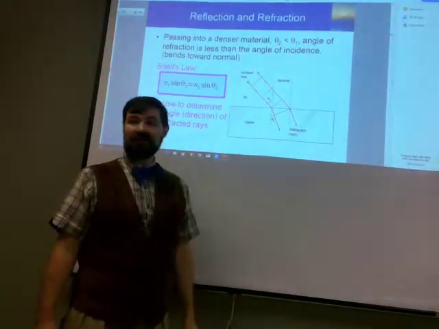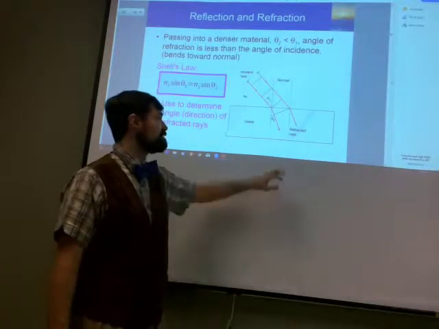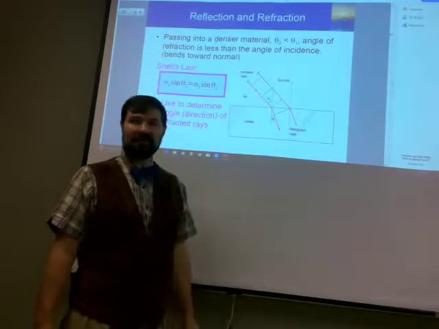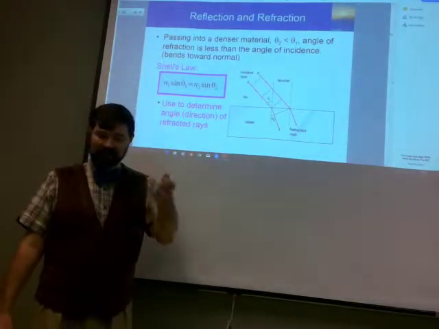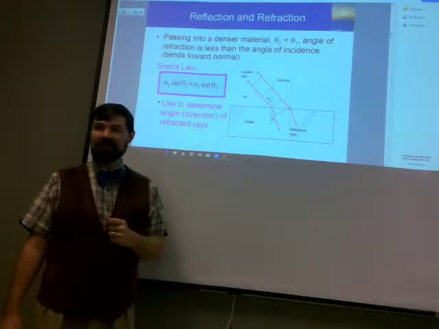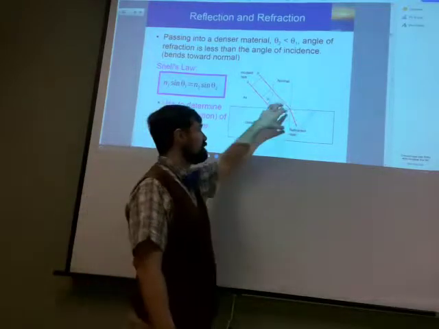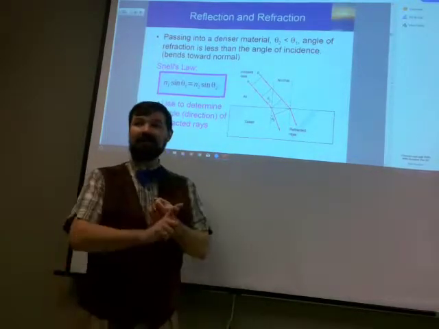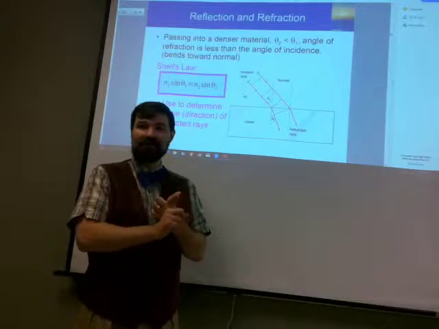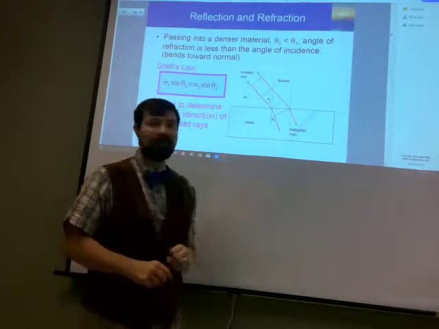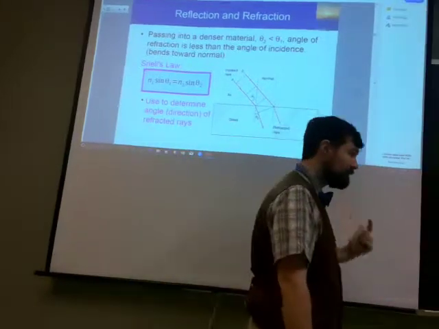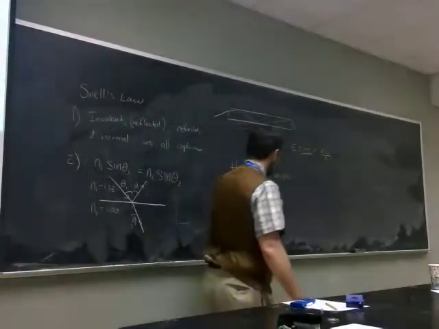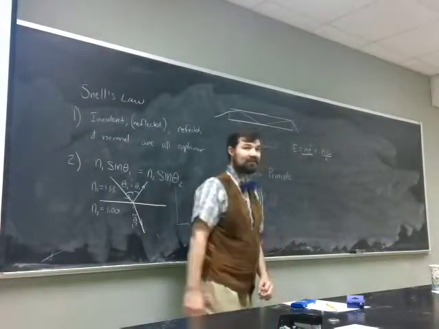But when it interacts with a surface, an interface, little charges inside of that interface also radiate some light, which in turn interferes with your initial light. And that's A, why the light slows down when it enters the new medium, or speeds up, depending. And B, it's also why this will bend at the interface.